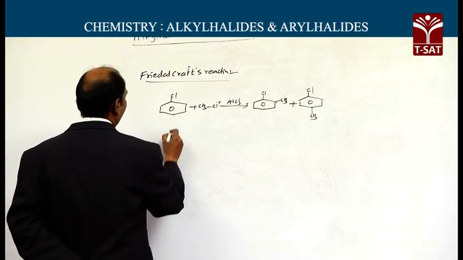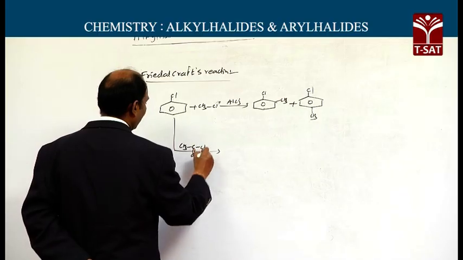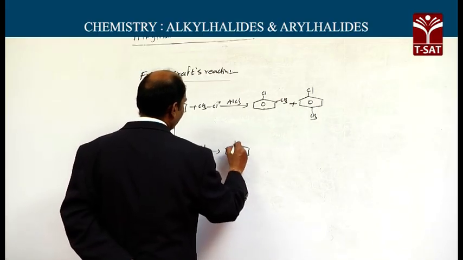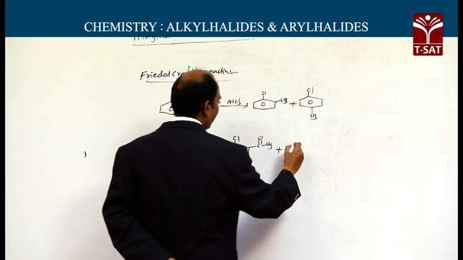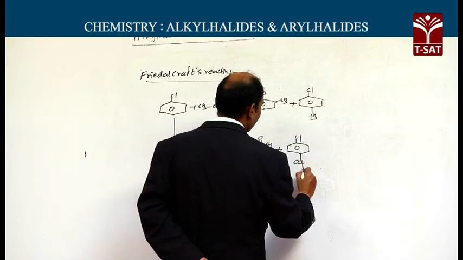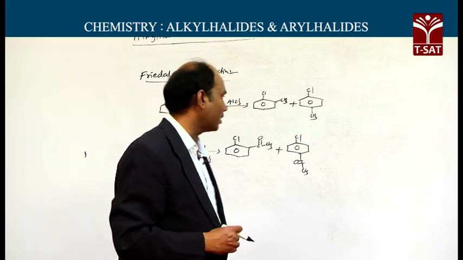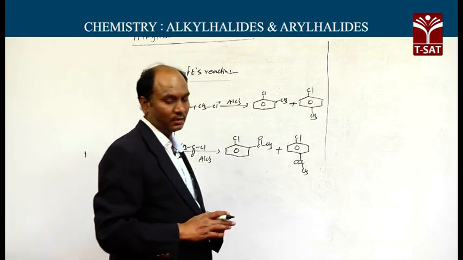Similarly, with Friedel-Crafts acylation, CH3C double bond O Cl in the presence of AlCl3, acylation takes place at the ortho position as well as the para position. So this is Friedel-Crafts alkylation and acylation.